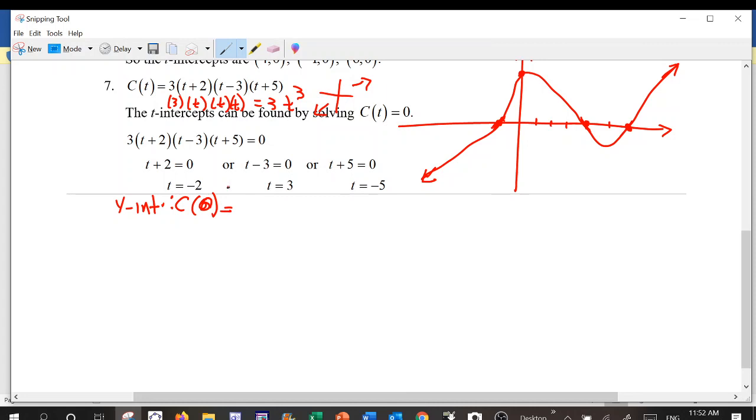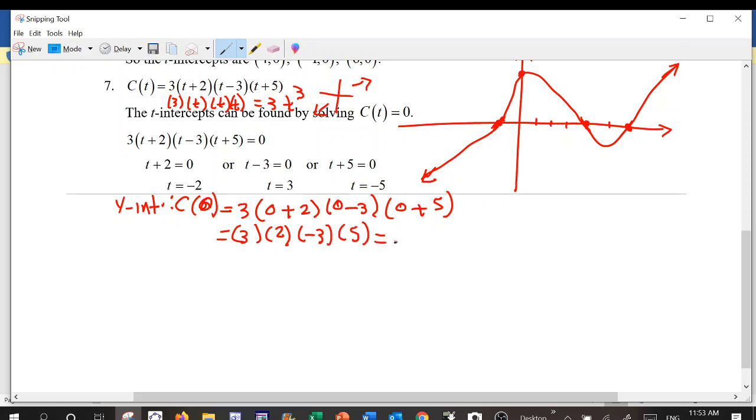And c of 0 is 3 and then 0 plus 2 and 0 minus 3 and 0 plus 5. So that is basically 3 times 2 times -3 times 5, which is a negative number. And this is 6 times 5 is 30 times 3 is 90. So it's -90.